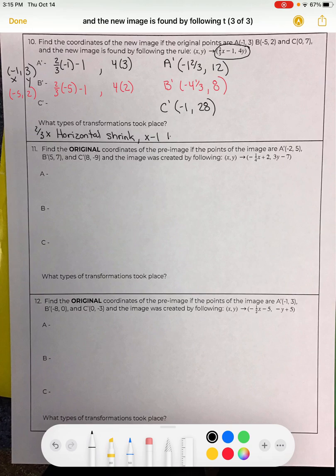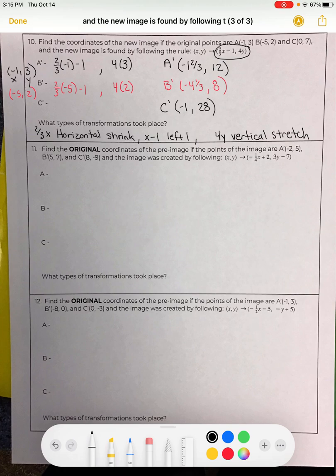If you have x minus, we're going to go left 1, okay? And the last thing we had was 4y. So the 4y represents a vertical stretch, meaning the y is 4 times as big. So you multiply the y times 4. So that's each individual part.